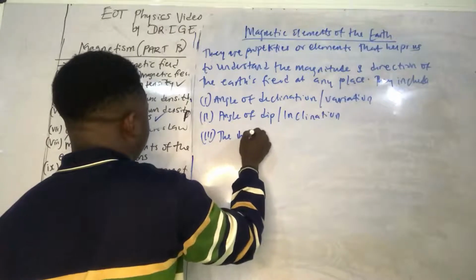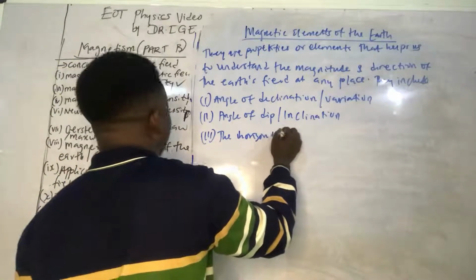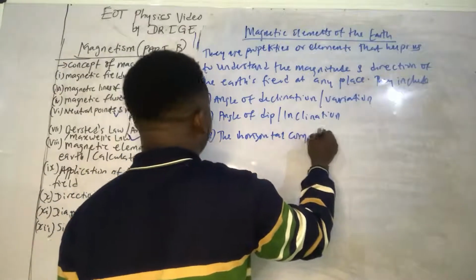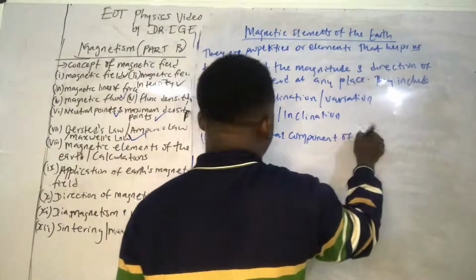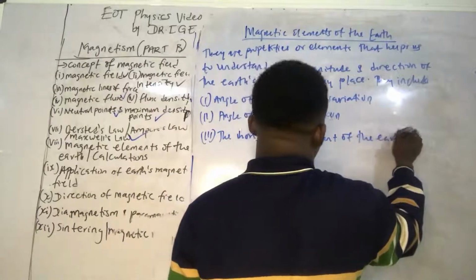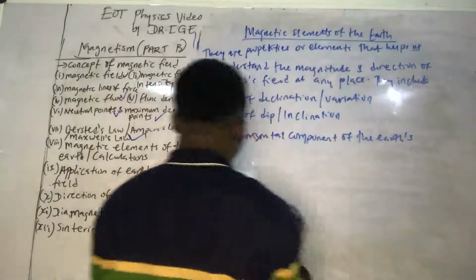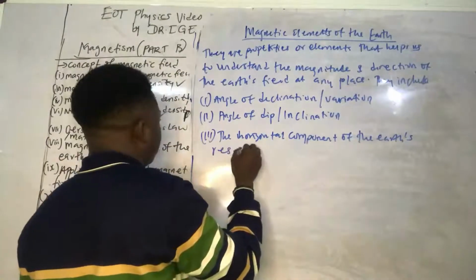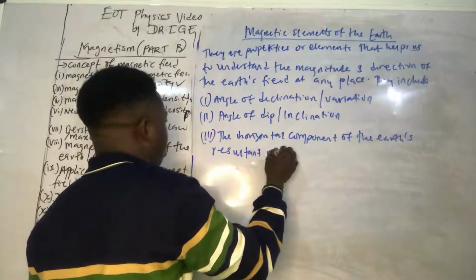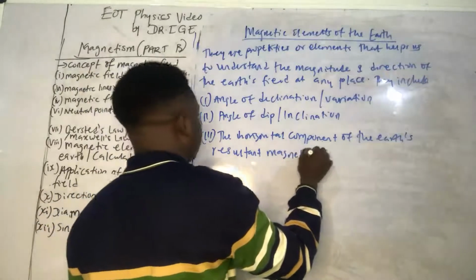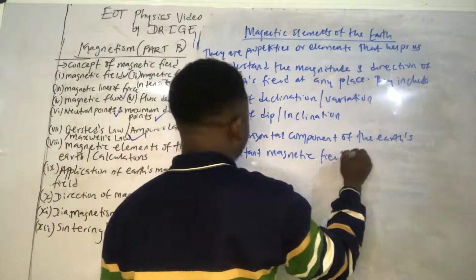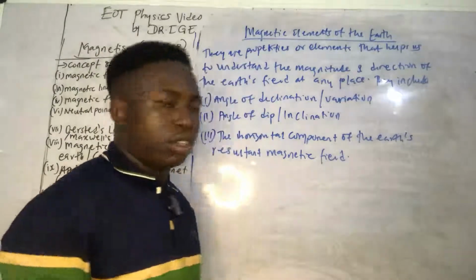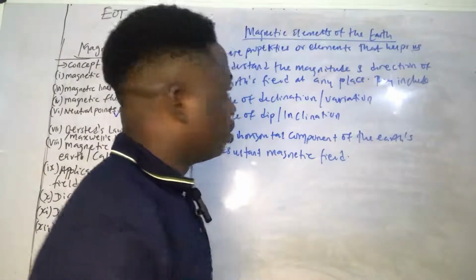The horizontal component of the Earth's resultant magnetic field. Alright, so these are the 3 magnetic elements of the Earth.